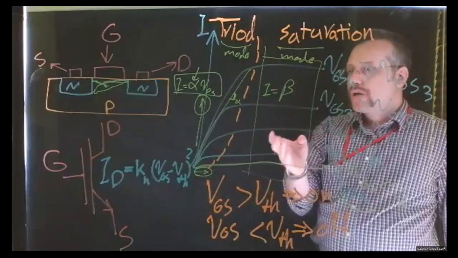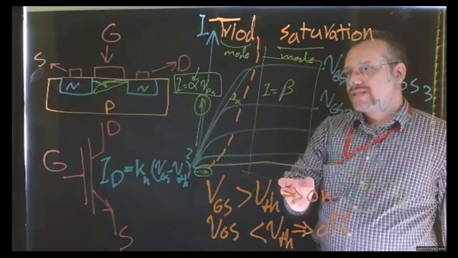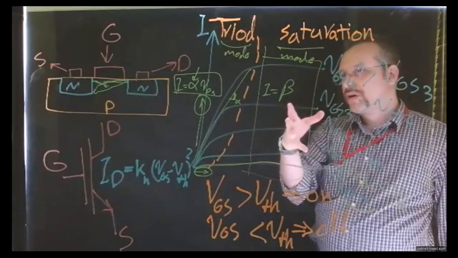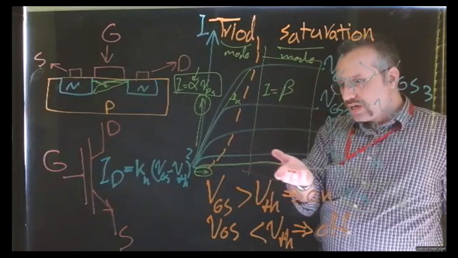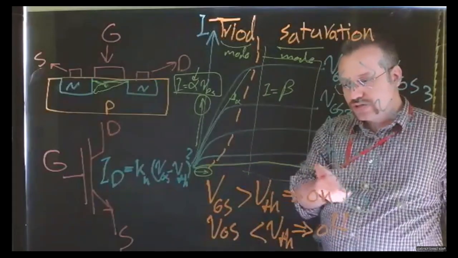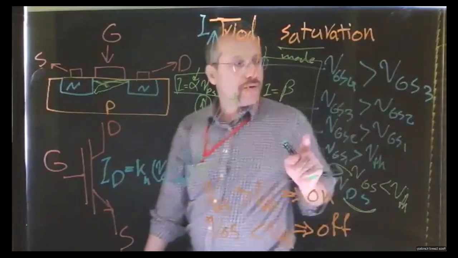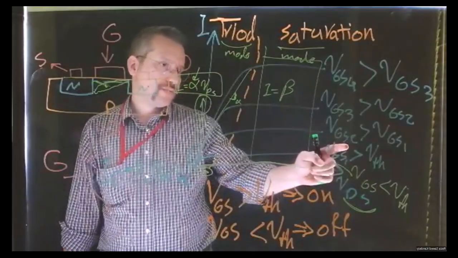Because we are mostly using the MOSFET as a switch, we normally operate in this saturation mode area. Now you can see that the current is not a function of the voltage between the drain and source, but a function of the voltage between gate and source.